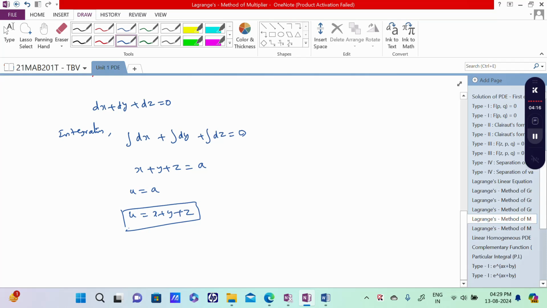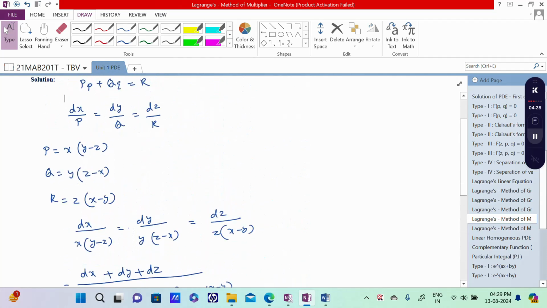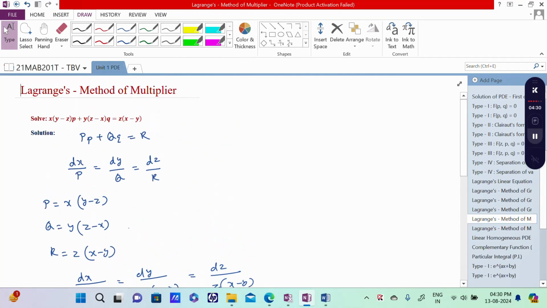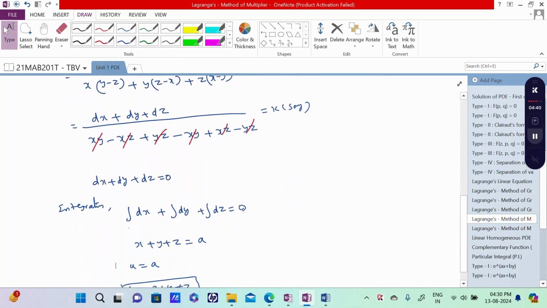Now we consider another multiplier. With one multiplier we integrated directly and got the solution. Again, another multiplier we are going to consider. When I look at this, I am directly adding the equations, so automatically the denominator will be 0. Now, better I take another multiplier: 1 by x, 1 by y, 1 by z.